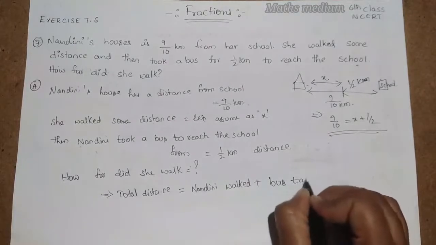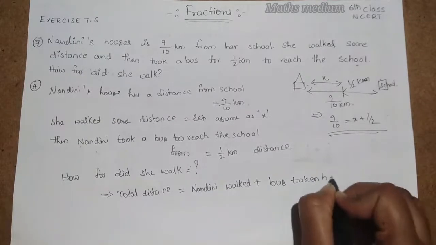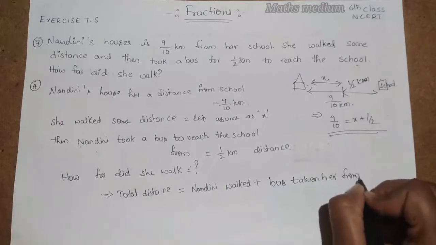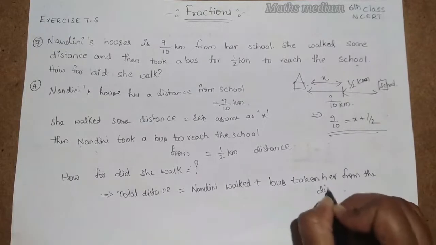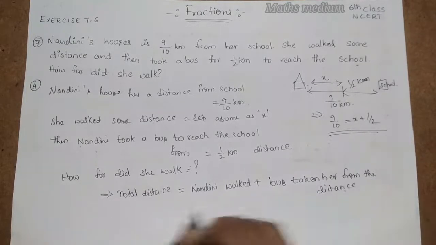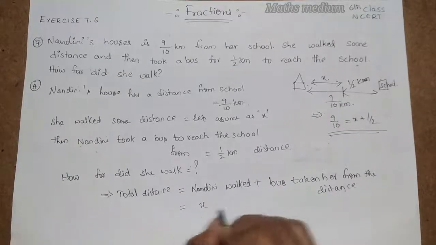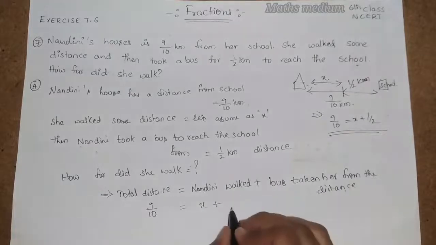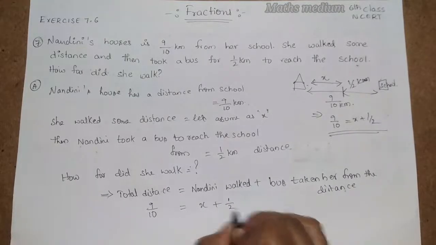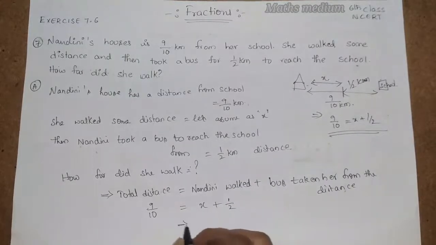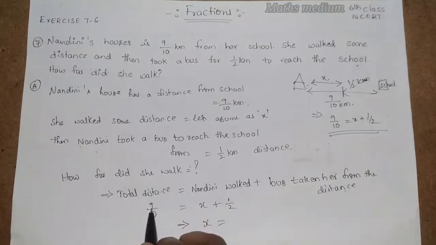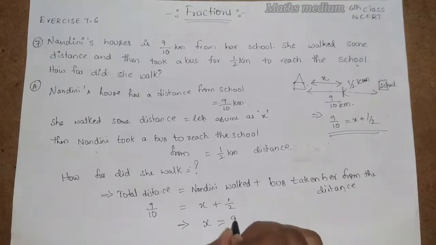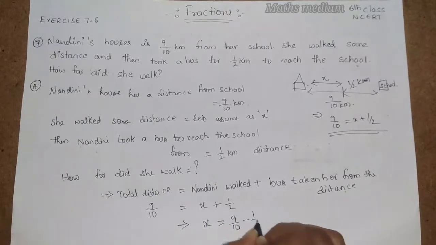So here Nandini walked x, the total distance is 9 by 10, and the distance by bus is 1 by 2. So from this equation, x equals 9 by 10, and 1 by 2 moving to this side becomes minus. So 9 by 10 minus 1 by 2.